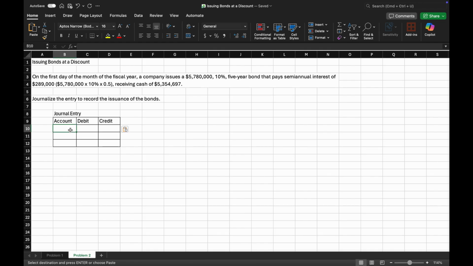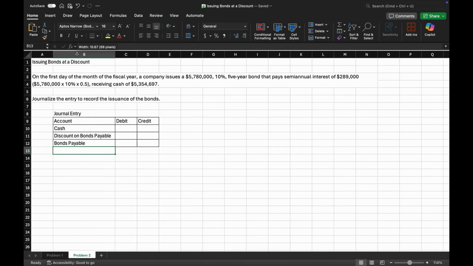Firstly, I put in the 3 accounts: cash, discount on bonds payable, and bonds payable. We know that the company was paid $5,354,697, so we can put that as the debit to cash.